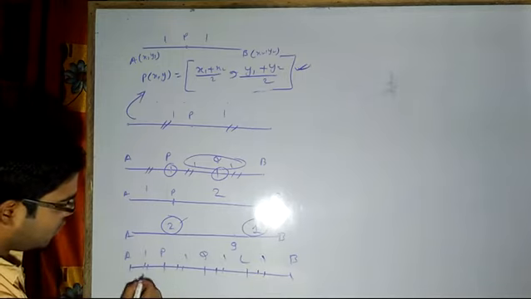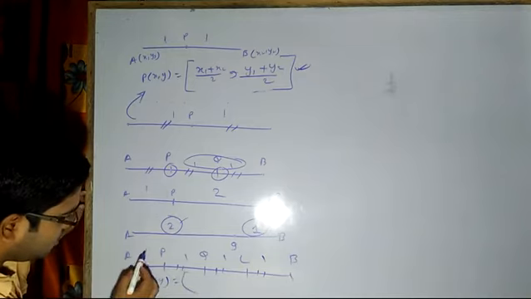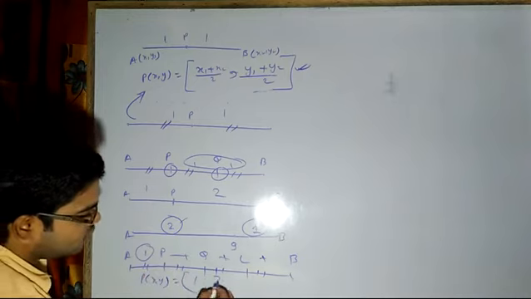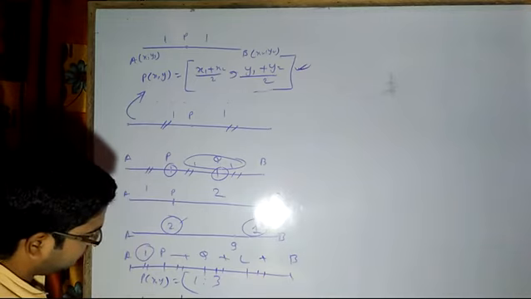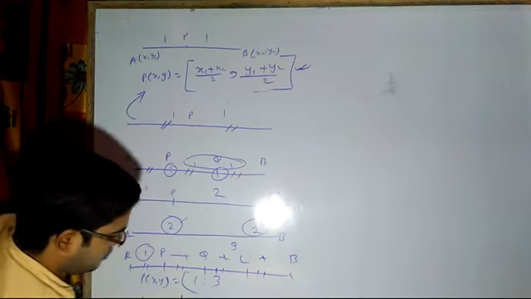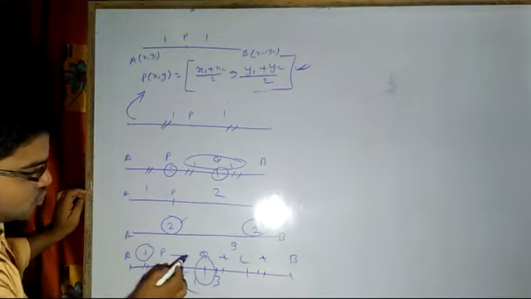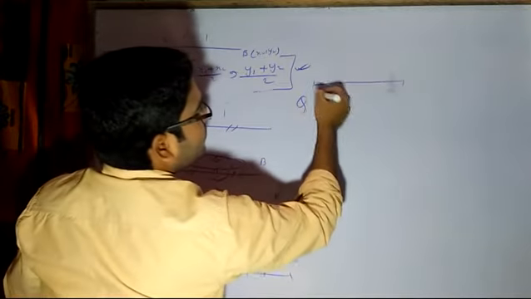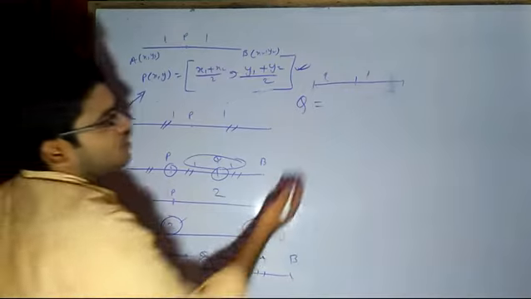If you have to find out P (x, y), that means the ratio that you are going to use is 1:1, 2, 3, so 1:3. Now for this point Q, it is 2 and 2, which means for Q you are going to use the 1:1 ratio. 2:2 means what? 2 upon 2 is equal to 1:1.